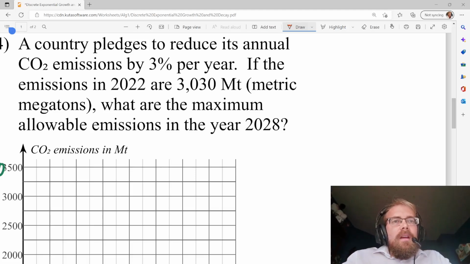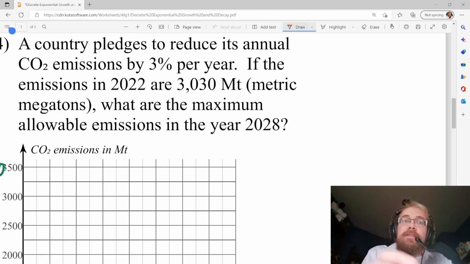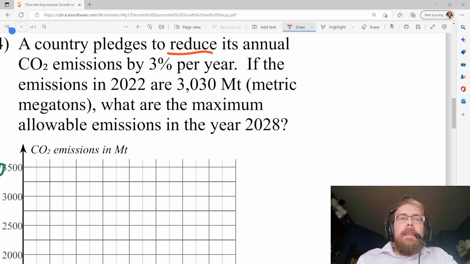Okay. Anyways, a country pledges to reduce its annual CO2 emissions by 3% per year. Reduce, right? So it's going down. If the emissions in 2022 are 3,030 MT, metric megatons, what are the maximum allowable emissions in the year 2028?